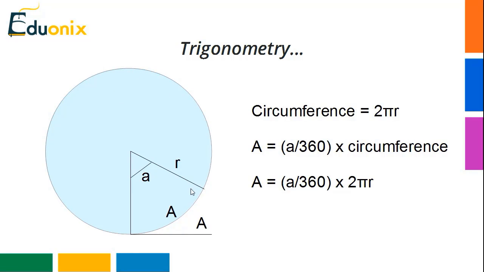I showed you this slide a couple of lessons ago. This is the wheel, and A is the distance the wheel will travel for a particular angle, and we decided that the relationship was a proportionality, so this length A divided by the whole circumference is the same as the angle A divided by the 360 degree full circle.